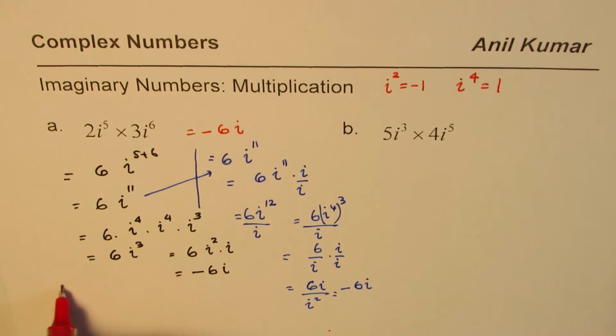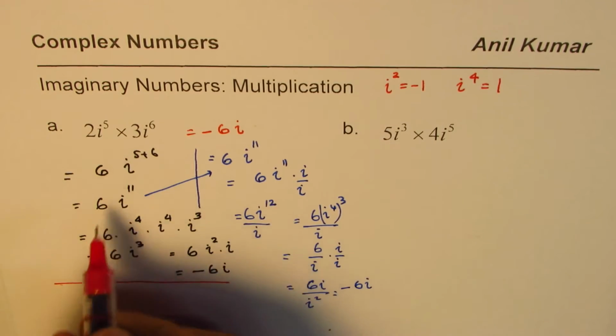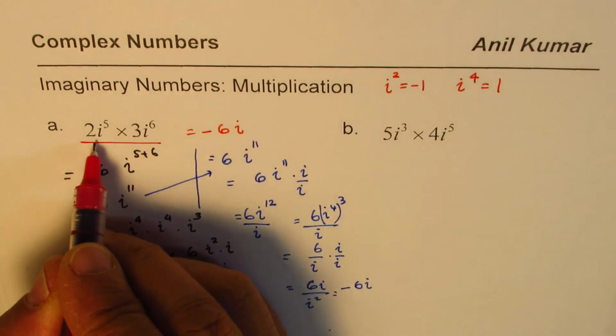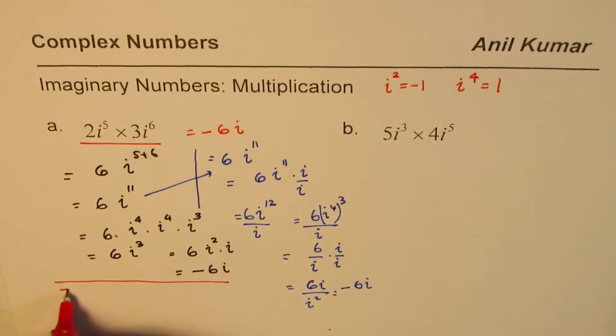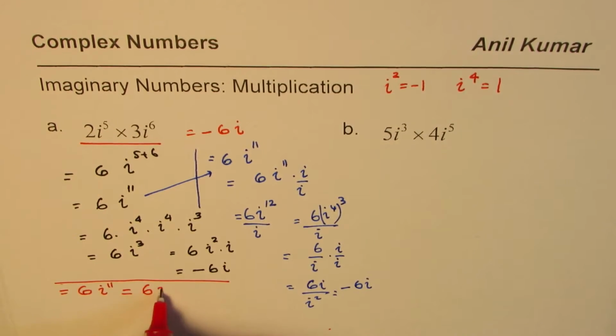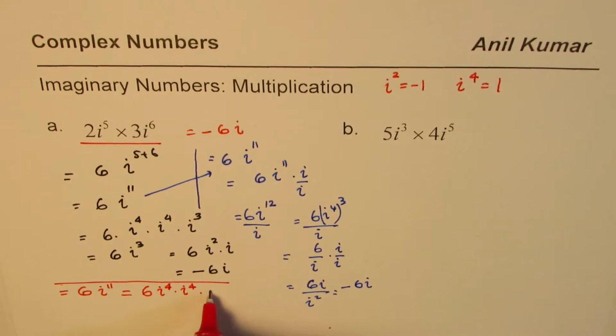One more way to do the same thing: when you're multiplying 2i to the power of 5 times 3i to the power of 6, 2 times 3 is 6, so we write this as 6 i to the power of 11. Now this could be written as 6 times i to the power of 4, which is 1, times i to the power of 4, which is 1, times i squared, which is minus 1, times i.